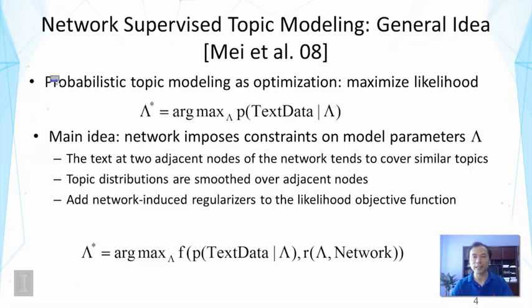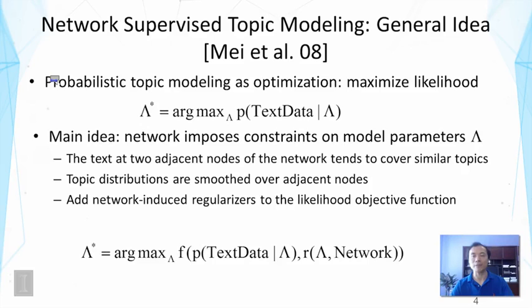Indeed, in many cases, they tend to cover similar topics. So we may be able to smooth the topic distributions on the graph, on the network, so that the adjacent nodes will have very similar topic distributions. So they will share a common distribution over topics or have just slight variations of the topic distributions or topic coverage.